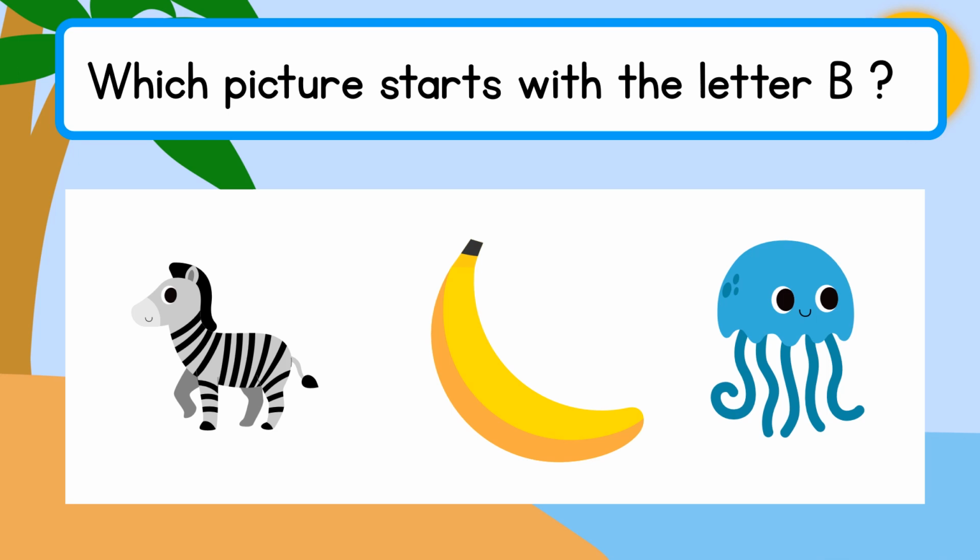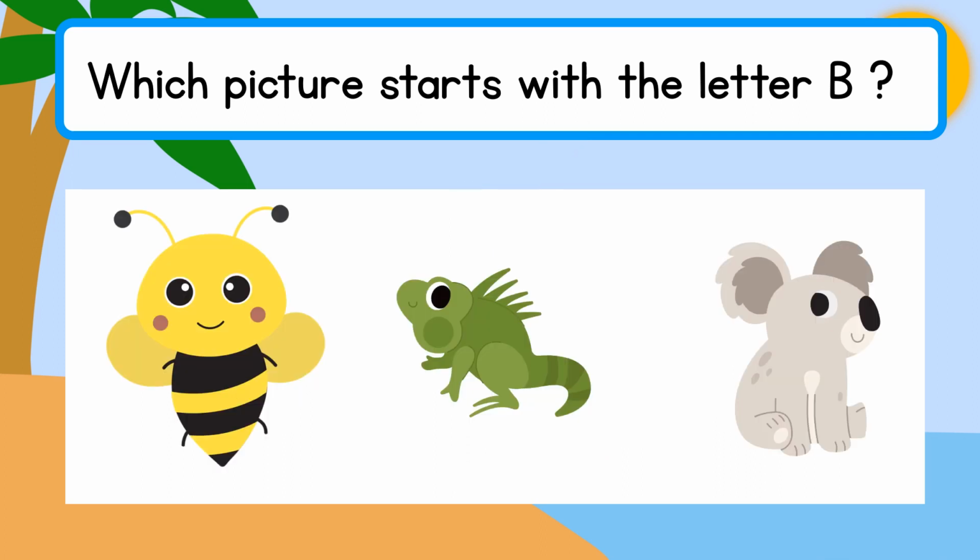Your answer is banana. Good job. Banana starts with letter B. B, B. Which picture starts with the letter B? Your answer is B. Good job. B.